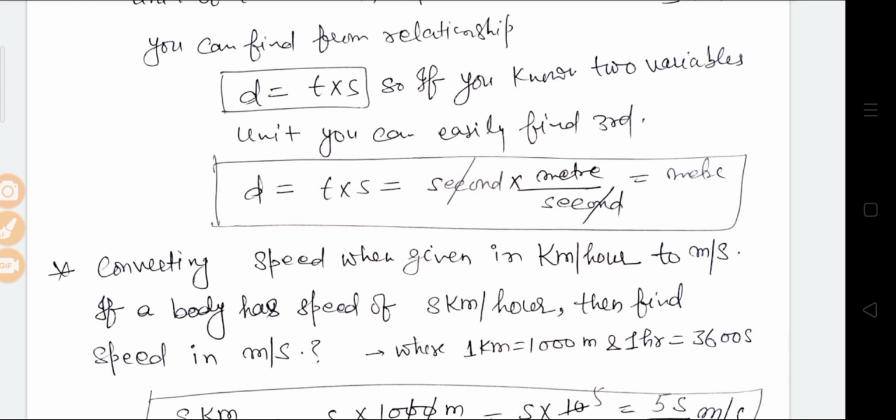How? 1 hour equals 60 minutes and 1 minute equals 60 seconds, so 1 hour equals 3600 seconds.